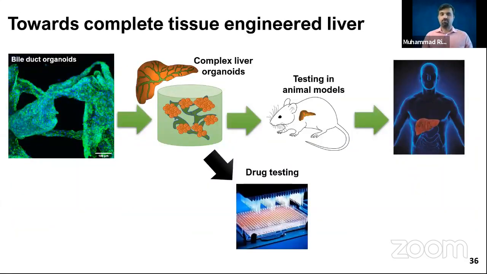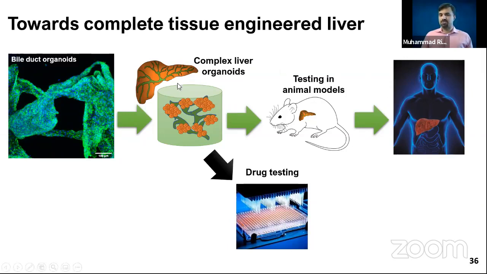Now, where are we going with this research further? So we have these bile duct organoids that are grown, but to actually generate a liver, which is a complex tissue, we need more types of cells. So now we want to combine hepatocytes, another really important cell type in the liver, so that we get this beautiful complex liver tissue that can be tested in animal models, and ultimately, hopefully down the road, we can test in humans also to see if we can restore the functions in those patients in which the liver is not functioning properly.